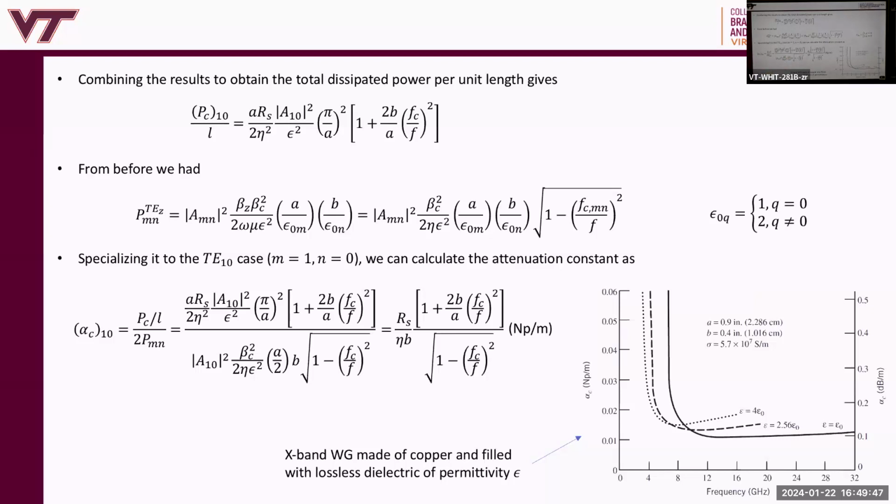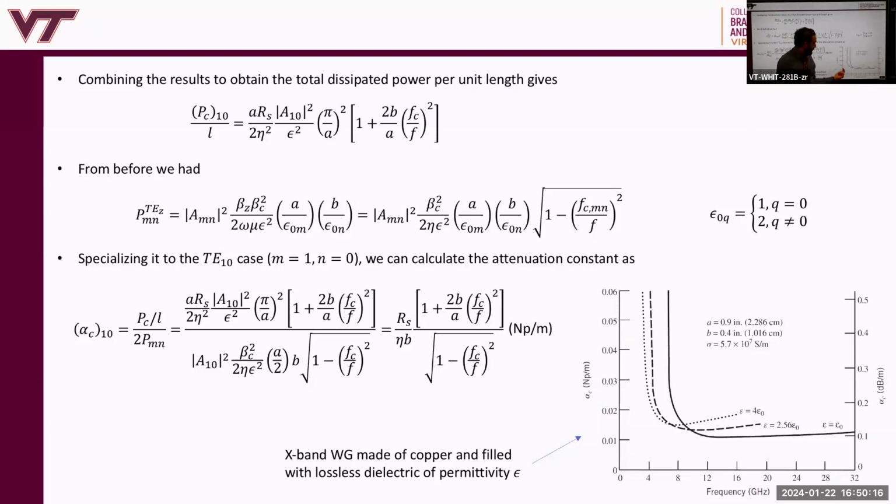It's in terms of Nepers per meter. Nepers are kind of similar to a dB, but they're decays in terms of the field quantities, not the power quantities. And we can make plots of this for different permittivities filling the waveguide. So here we have an X-band waveguide made of copper and filled with lossless dielectric of permittivity epsilon. For epsilon equal to epsilon naught, air filled, we get this curve here. At different frequencies, we get different attenuation constants.